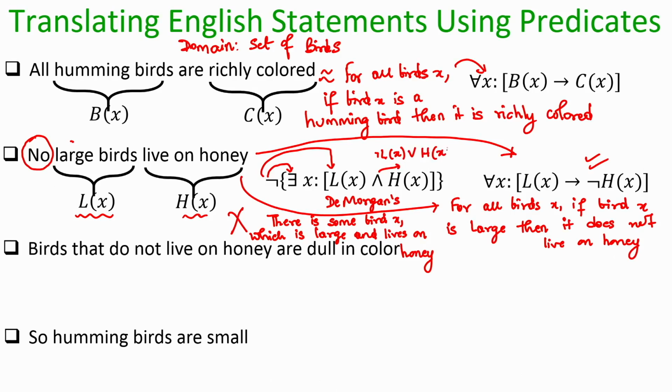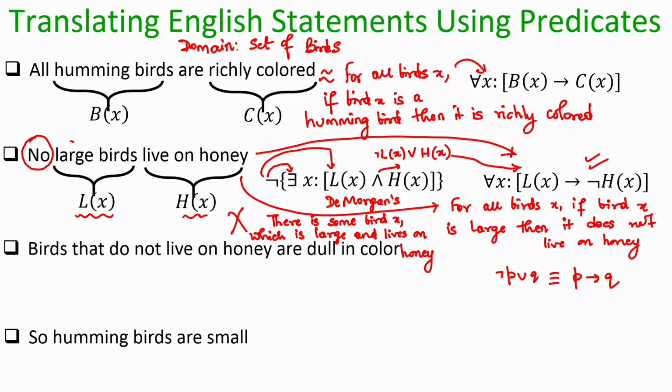And now you know that negation P or Q is logically equivalent to P implies Q. So, I can further rewrite this expression as this, and that is how I get the second expression.